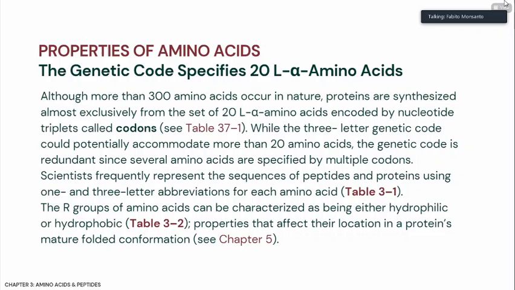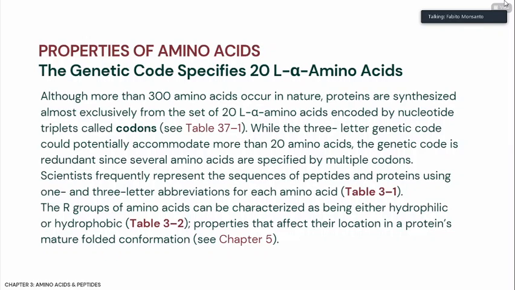Now this is encoded in what you call your genetic code. Although this genetic code can accommodate more than 20 amino acids, if there are other amino acids that can be utilized aside from these 20 in the formation of our human protein, but it's not, there are only 20 amino acids.